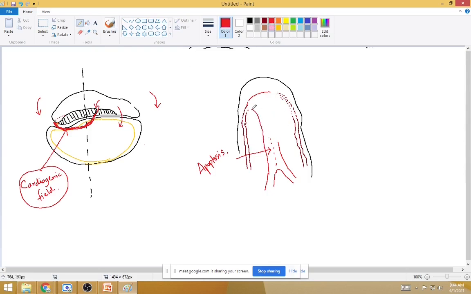Now the heart tube is there and it has a communication to both sides. There are some venous plexuses which are draining the body, and they communicate with the lower side of the heart tube.